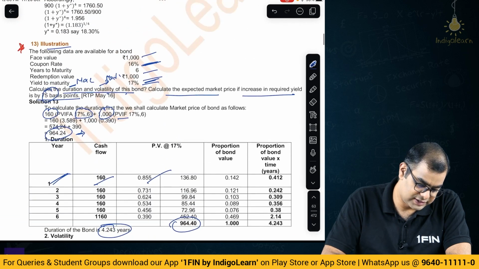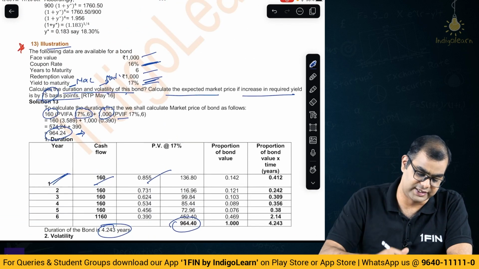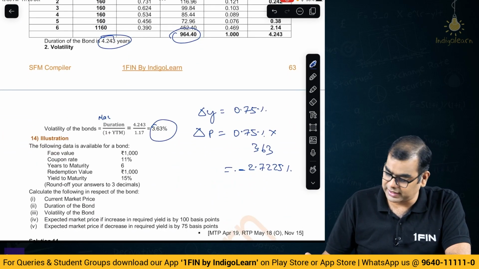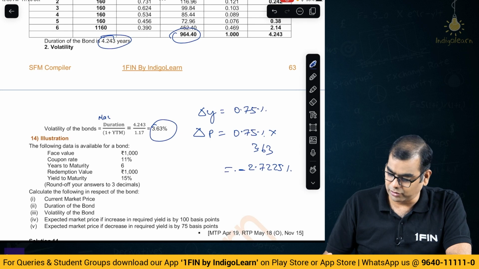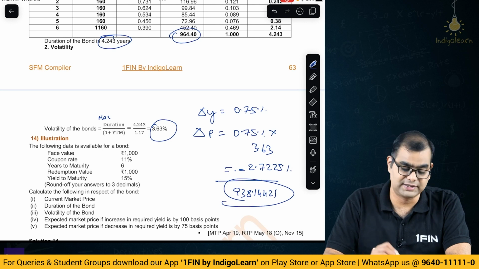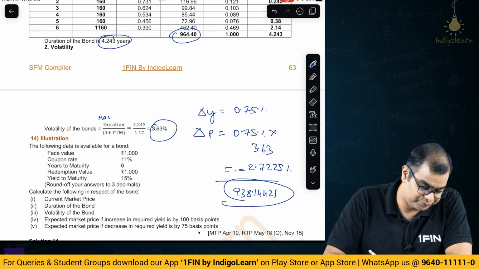Because they say there is an increase in yield. So, price decreases. Price decreases by minus 2.7225%. So, you compute 964.4 into 2.7225%. You get 26.25. You subtract, you get 938.14421. That is the price. This is the price because of the increase in yield.